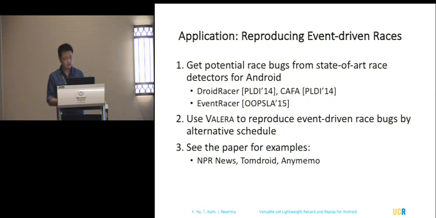So I think VALERA is particularly helpful if we can combine these tools, like the EventRaiser can show you the potential races that they detect, and VALERA can do deterministic replay to show you whether this race is harmful or harmless, so that developers can fix them.